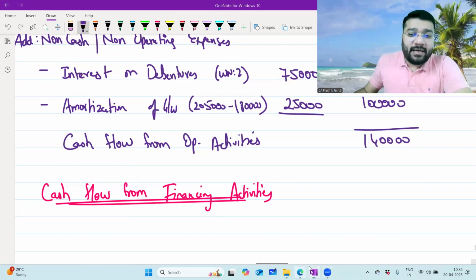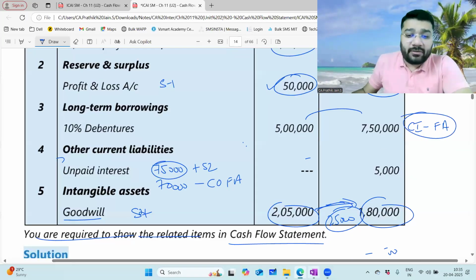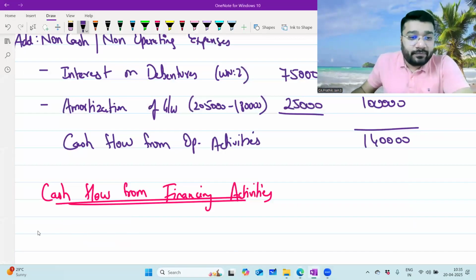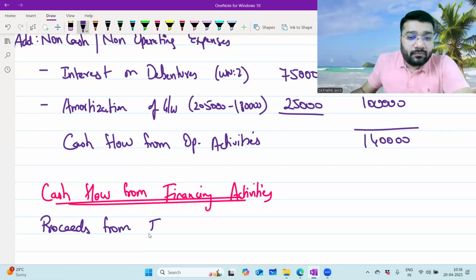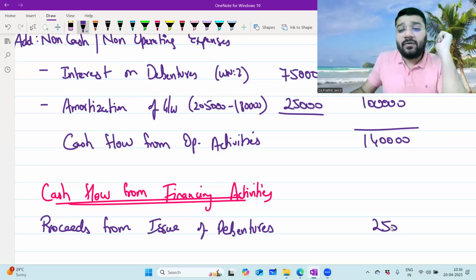Under that, what is the first item, people? Proceeds from issue of debenture. How much? 2,50,000.